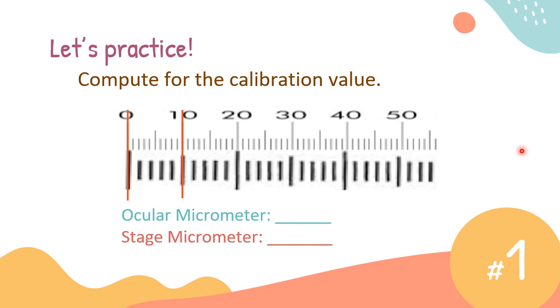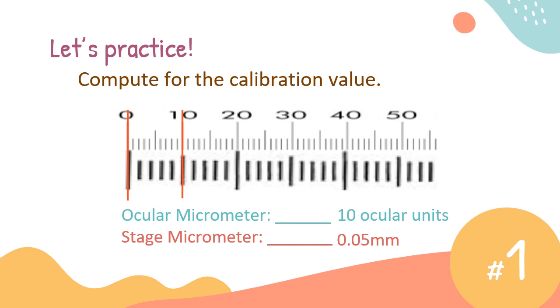So that would be around here, okay? So the ocular micrometer units would be 10 ocular units, and the stage micrometer would be 0.01 millimeter, 2, 3, 4, 0.05 millimeters. So we have the two values.